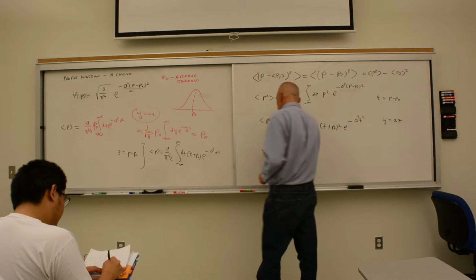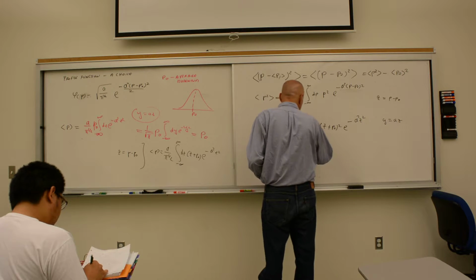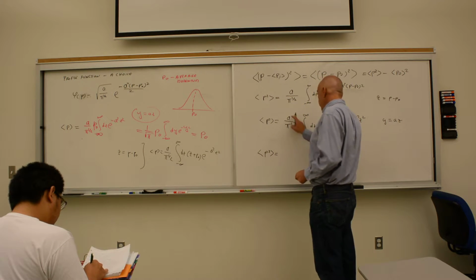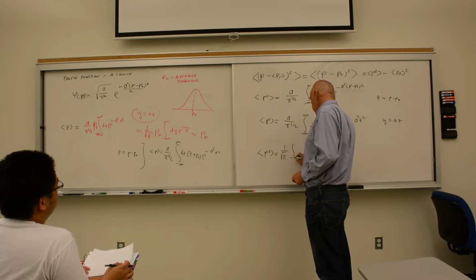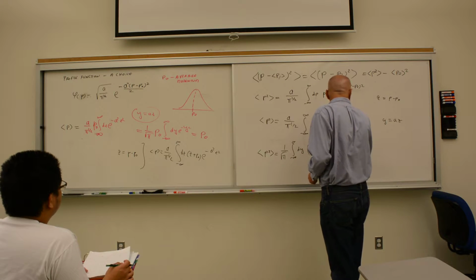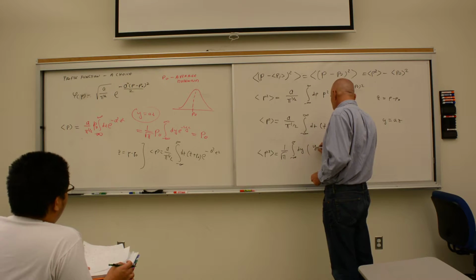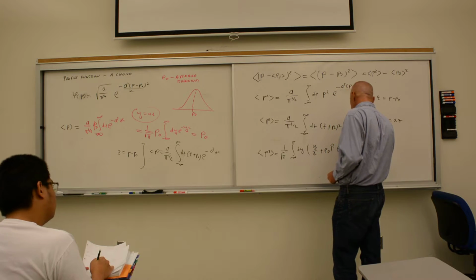So if I do that, then dz will give me dy over a, so I will just have 1 over square root of pi, integral from minus infinity to infinity dy. Instead of z, I have (y over a plus p0) squared e to the minus y squared.